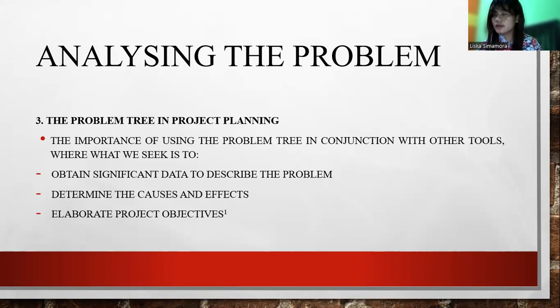For example, my aim in displaying the problem in a problem tree is to help the farmers increase their income, or to help the farmers add value to their crops. So we finally know where we go.